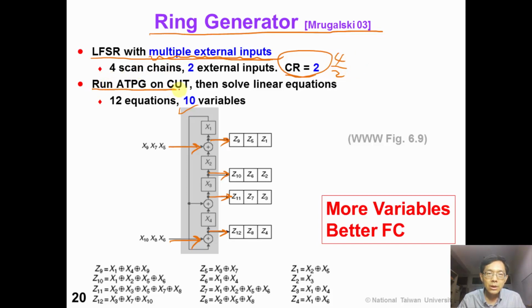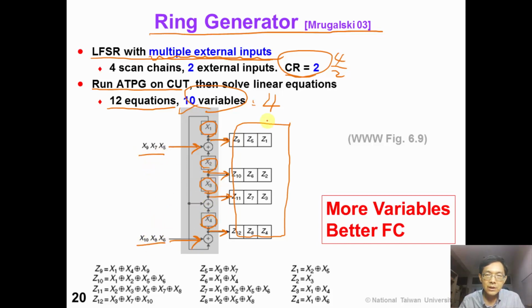We can run the ATPG on the CUT to obtain a test pattern of 12 specified bits that correspond to 12 linear equations in the linear system. For the ring generator, we have 10 variables for the 12 equations, including 4 initial seeds in the LFSR.